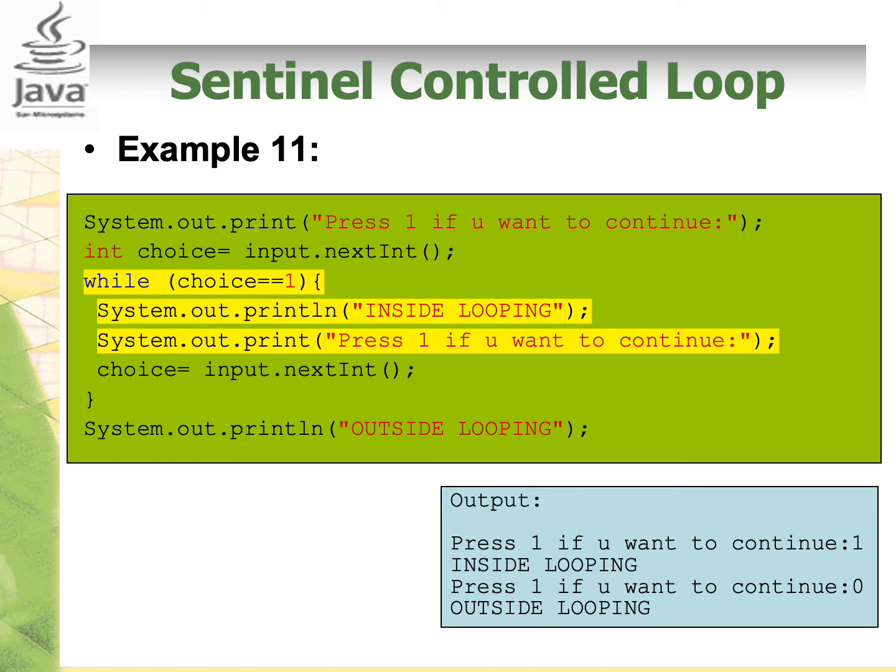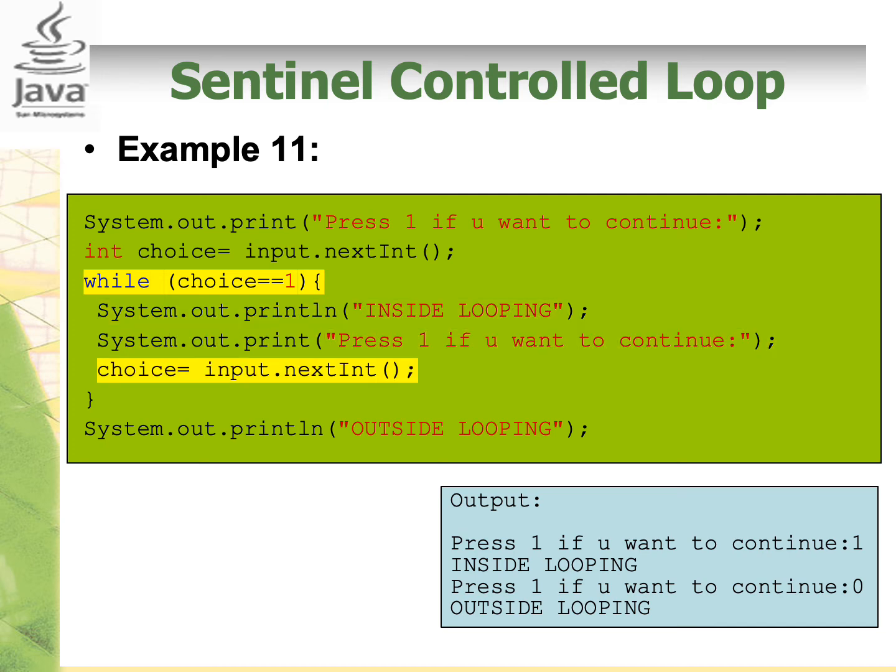It enters the while loop and the condition is true because 1 is equal to 1. It then displays inside looping. Press 1 if you want to continue. If we enter 1, it will repeat the same statements. If we enter 0, it checks the condition and 0 is not equal to 1 and it then exits the while loop. It will display outside looping.